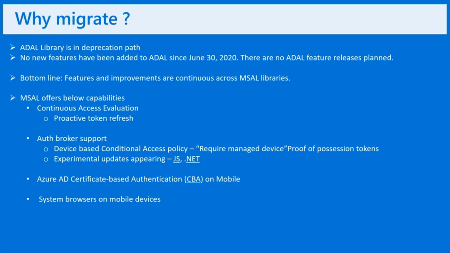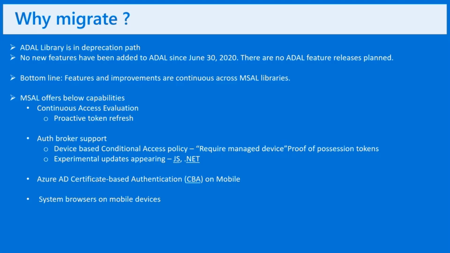If you are interested in understanding what these capabilities are, I would suggest you go through our landing page on ADAL to MSAL, where we have clearly defined what these features are, how to enable them, and how we can leverage all these features using MSAL. I will also try to touch upon these features while we do the migration, but mostly, as I mentioned earlier, I'll focus on the coding part, or the steps that we need to take to migrate the application.